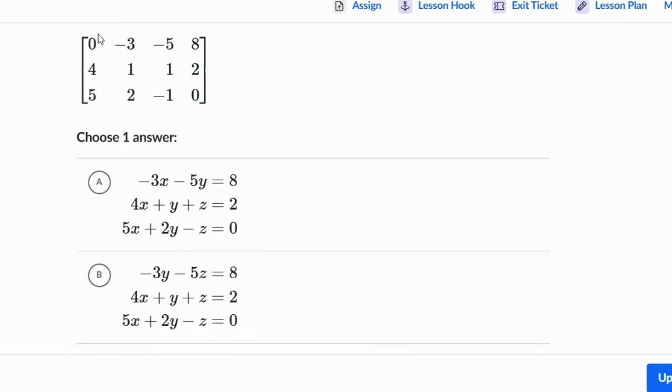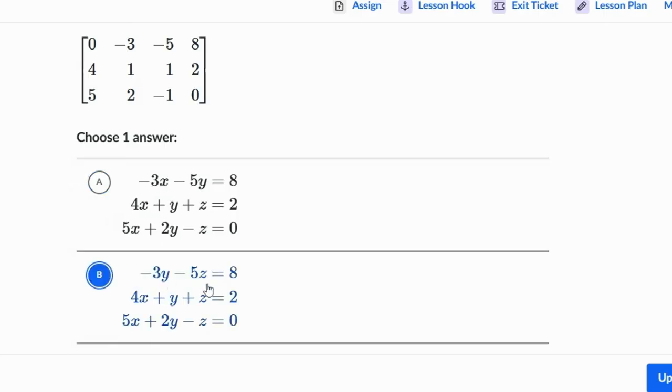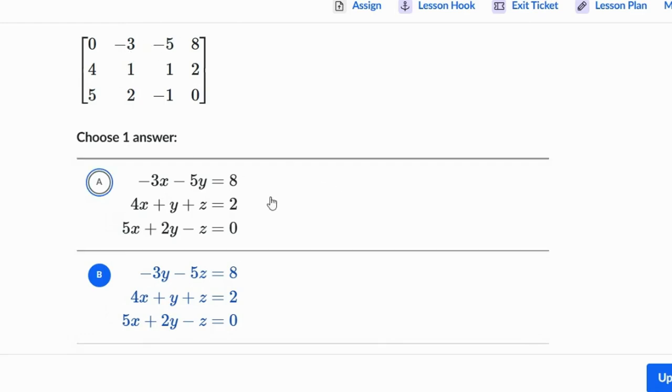Well, we have a 0 in this column here. Which variable is that? There's a 4 and a 5. Looking at the equations below, the 4 and the 5 are with the x. So the first equation must not have an x. It has a 0. Well, A has an x. B has a y and a z. This is the y, this is the z. So that is how it works out. Check.